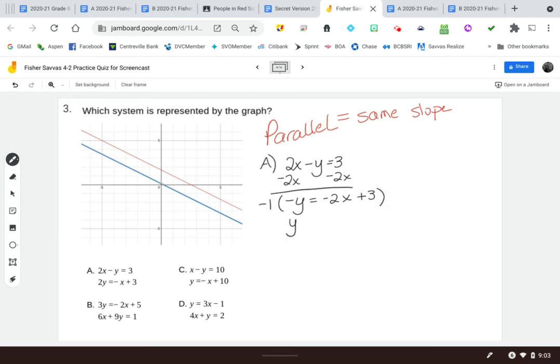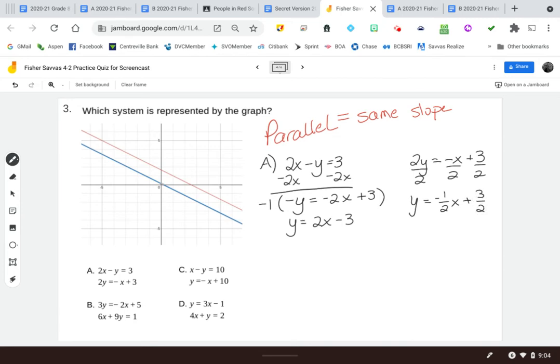That gives me y equals a positive 2x minus 3. The second equation is 2y equals -x plus 3. I need to solve for y here, so I'm going to divide every term by 2, and I get y equals -1/2 x plus 3/2.